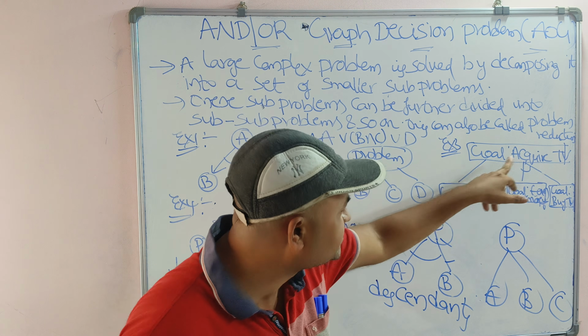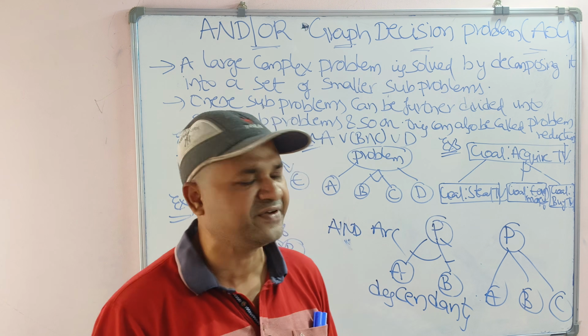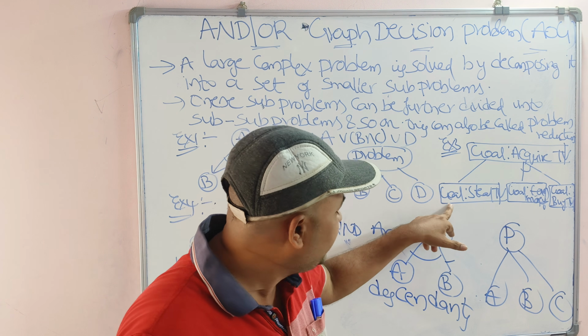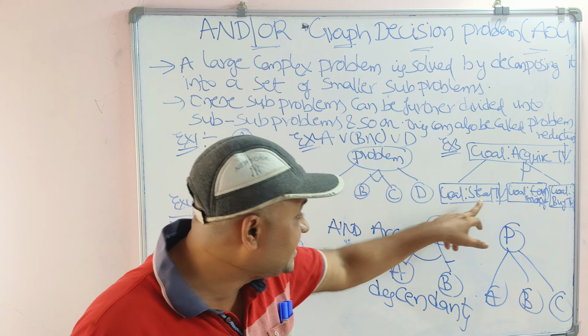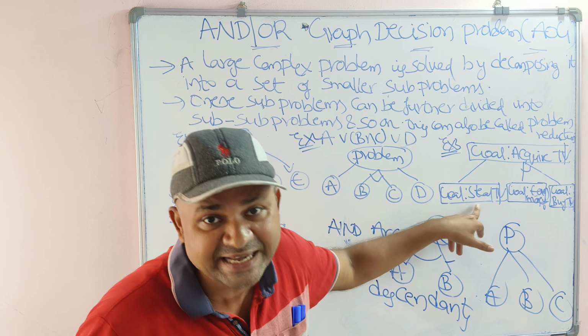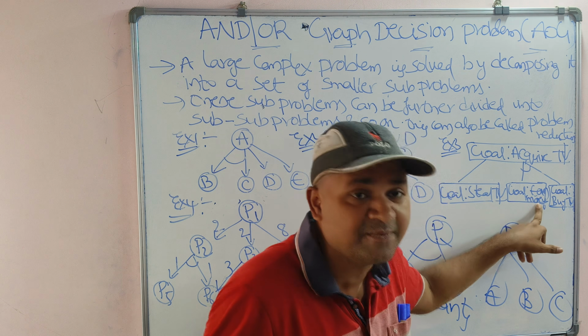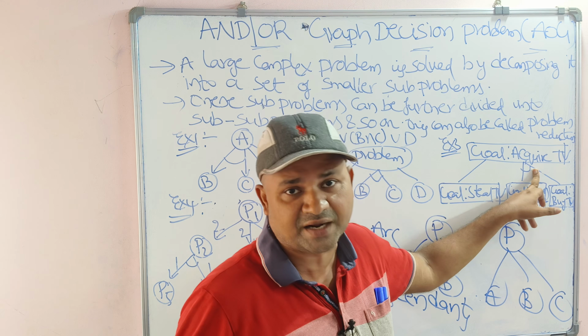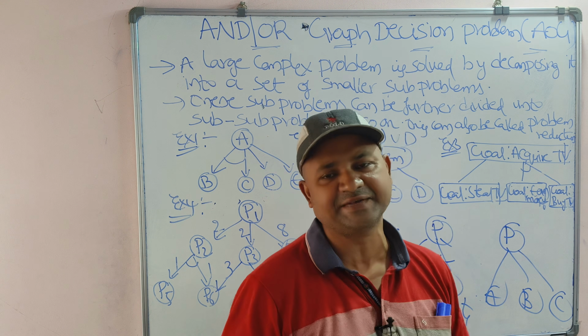Here our goal is to acquire the TV. In order to acquire the TV, we can acquire it either by stealing the TV, or here the goal is earn the money. Here we have an AND arc. So earn the money, and here the goal is buy the TV.